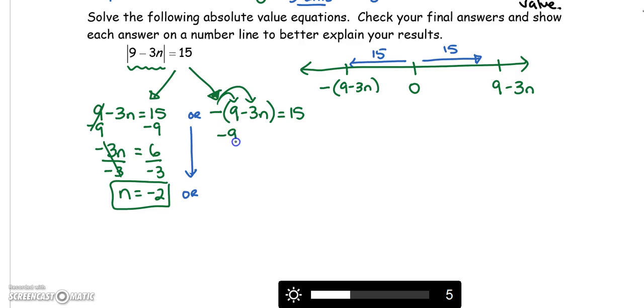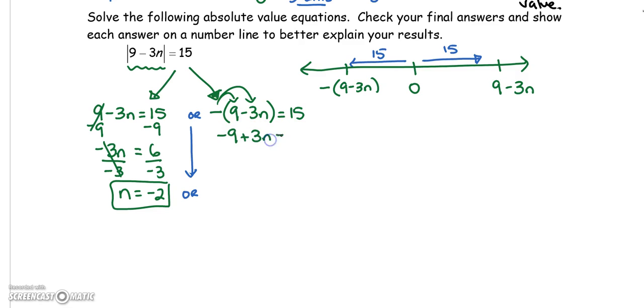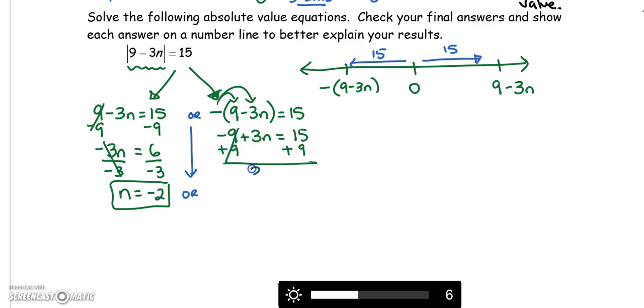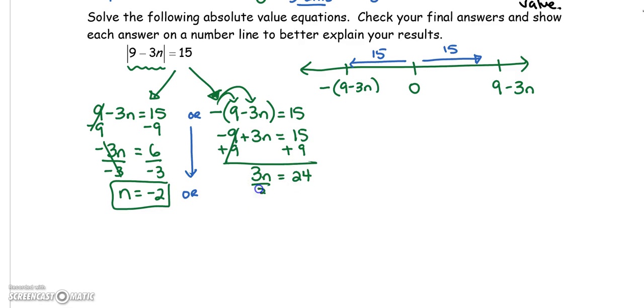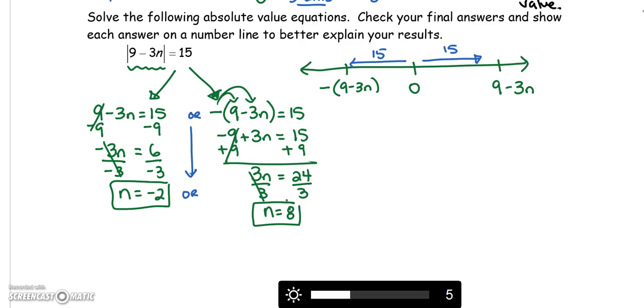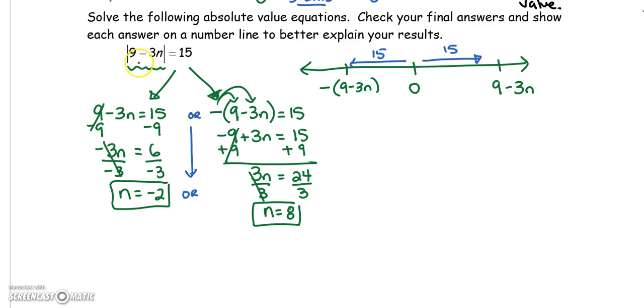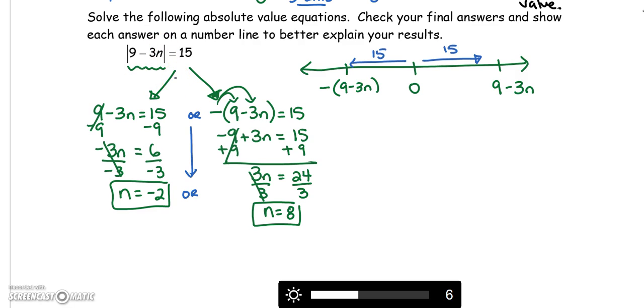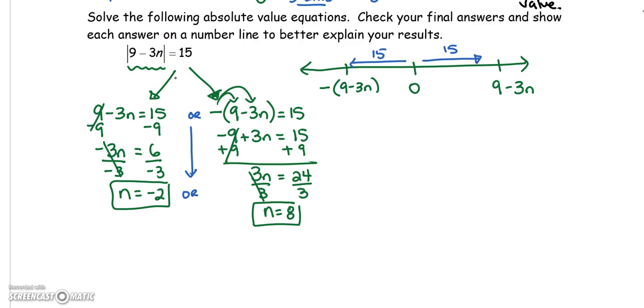So I have negative 9 plus 3n equals positive 15. Add the 9 to the other side. So we're just using basic algebra skills here. That's 24 divided by 3 on both sides, and n equals 8. So this is our other answer. N equals negative 2 or n equals 8 would result in this absolute value actually equaling 15.